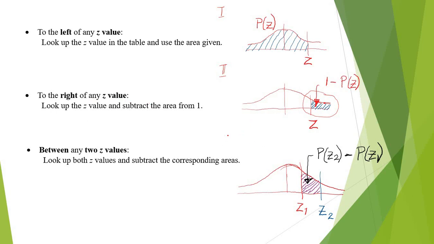Then the third case would be between any two z values. So if this is our z sub 2 and this is z sub 1, then to find the area in between, we simply need to determine p sub z sub 2 minus p sub z1, which will give you this corresponding area here.